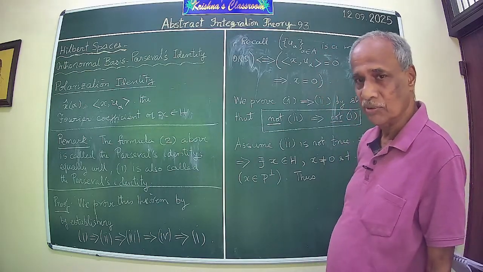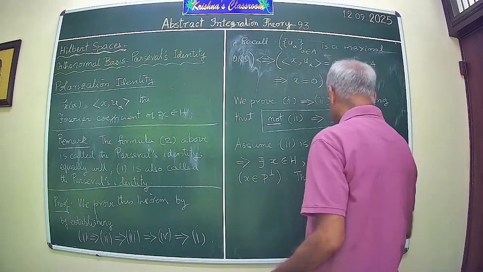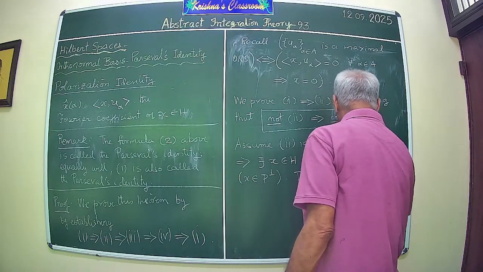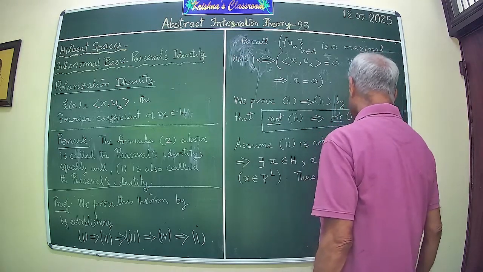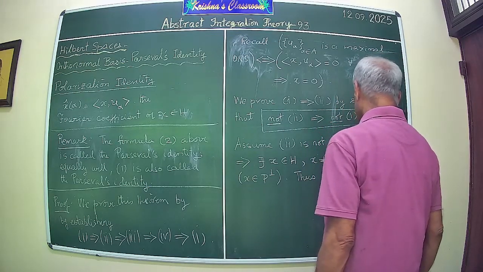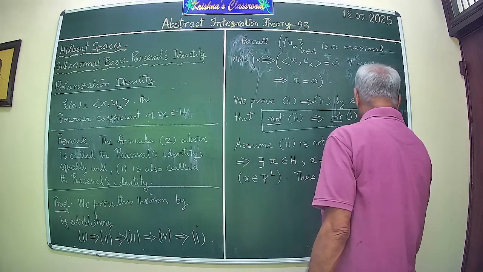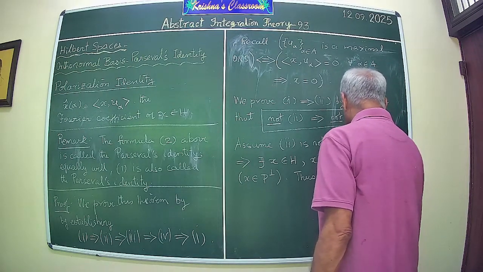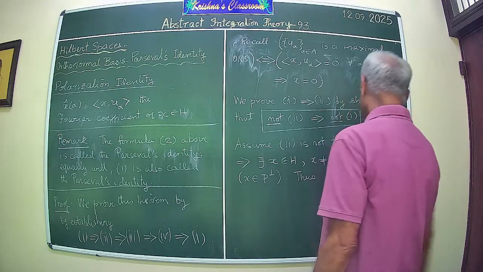So you can use this u defined by x over norm x, which is not equal to 0 and norm u equal to 1.